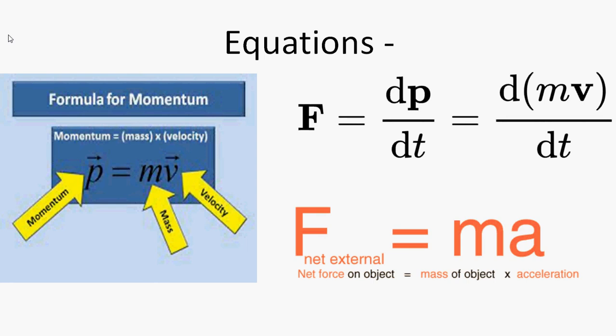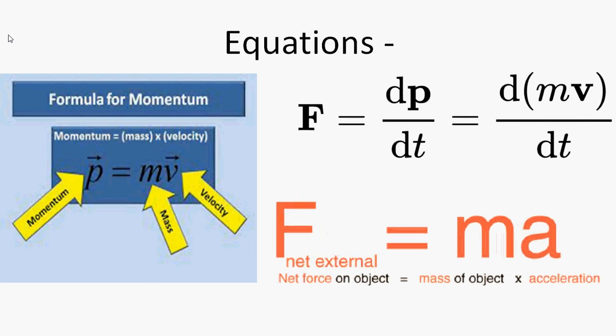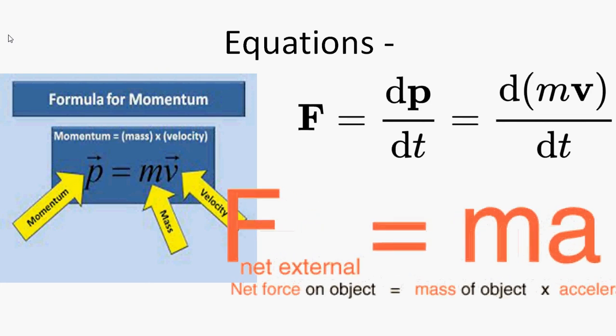So these are the expressions: F = dp/dt, which is equal to, now here p is broken down from the first equation. We have replaced p with mv. Now we know that v/t, that is velocity by time, is equal to acceleration. So directly we can write F = ma.